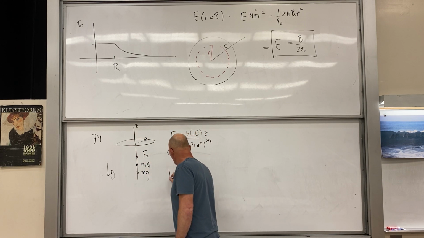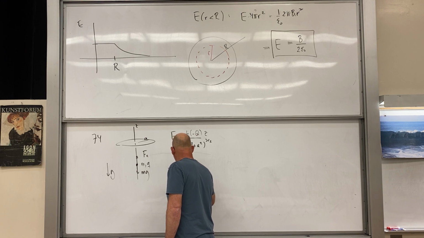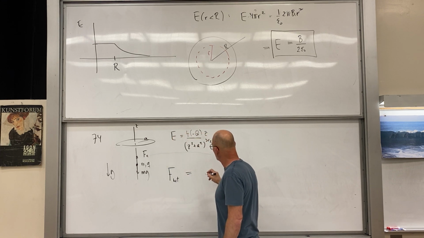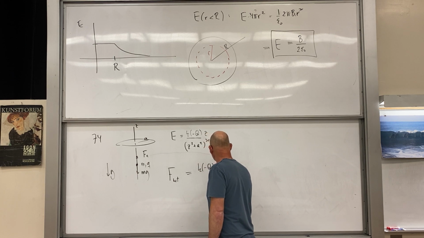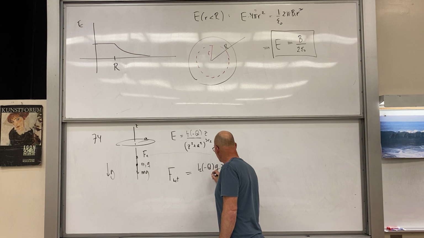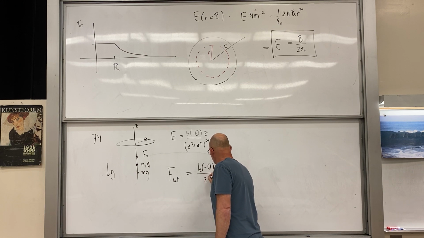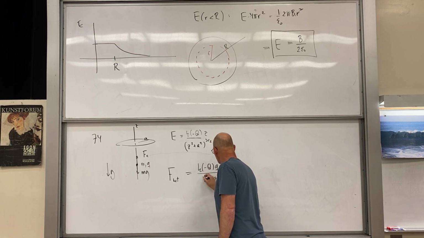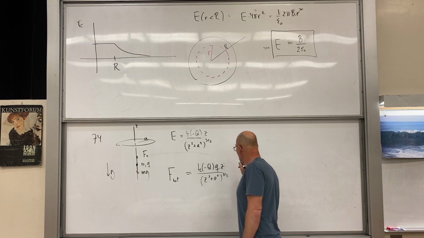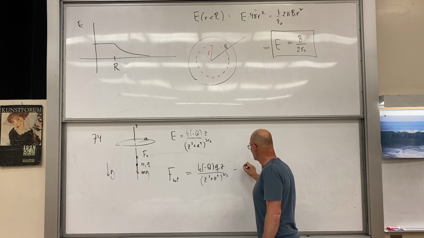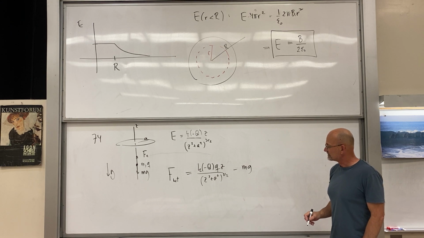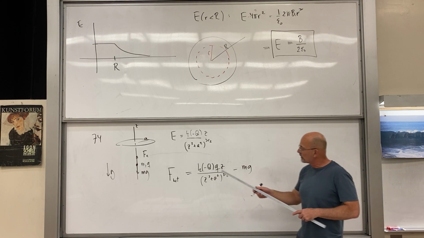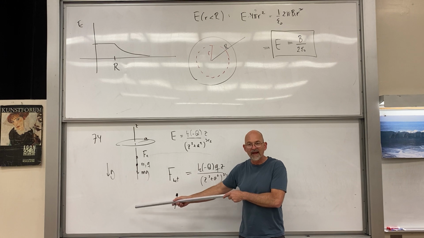So the net force is going to be K negative Q, Q, Z, over (Z squared plus A squared) to the 3/2, minus mg, like that.